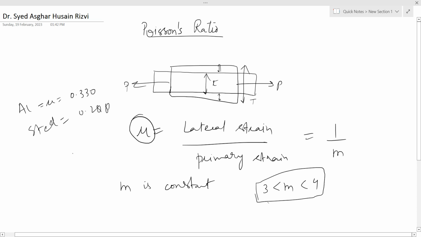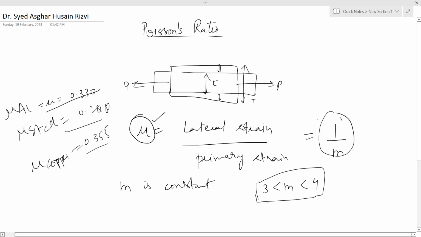For copper it is 0.355. These are the mu values for copper, steel, and aluminium, the various examples of Poisson's ratio depending upon the material. It is denoted by mu, or it is also denoted by 1 upon m.